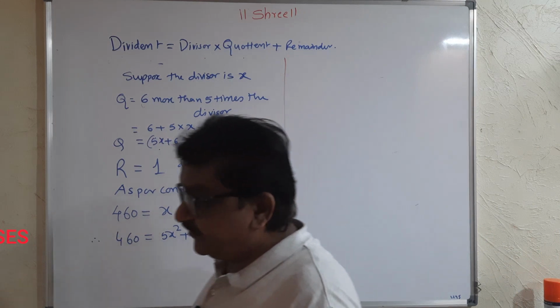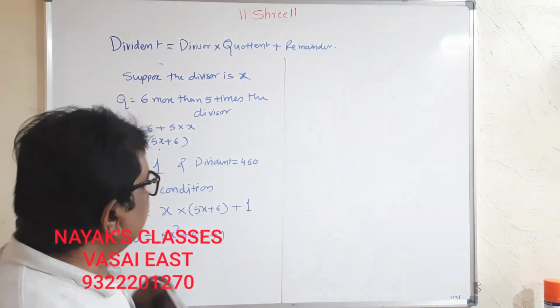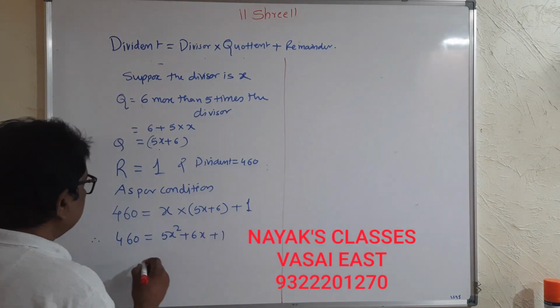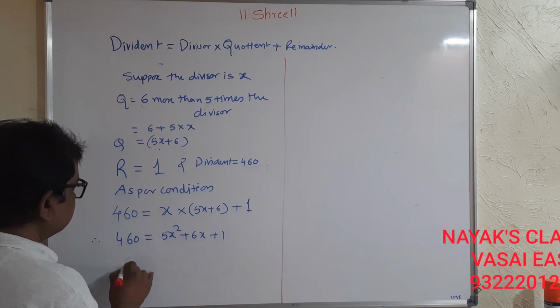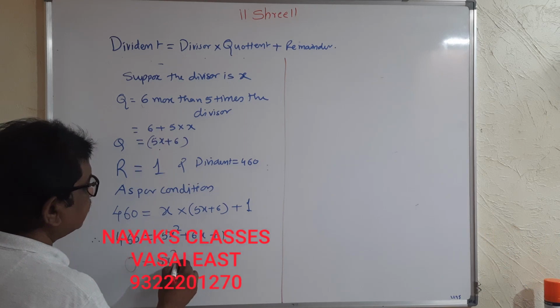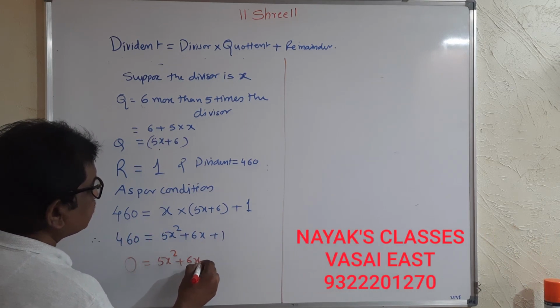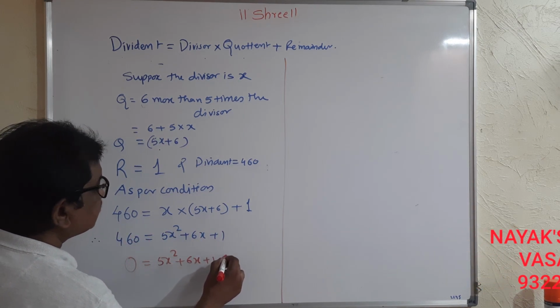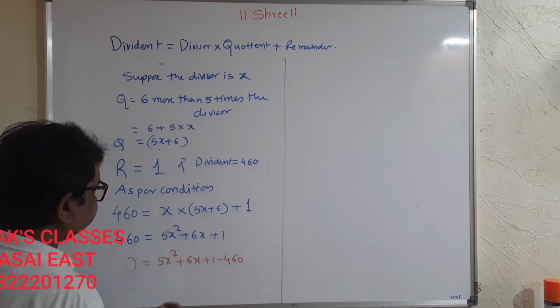So we have to simplify this, and it will be 0 is equal to 5x square plus 6x plus 1 minus 460.